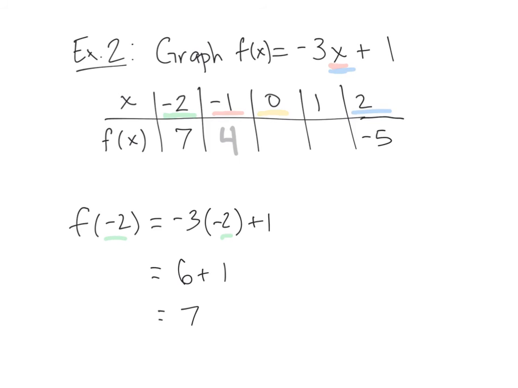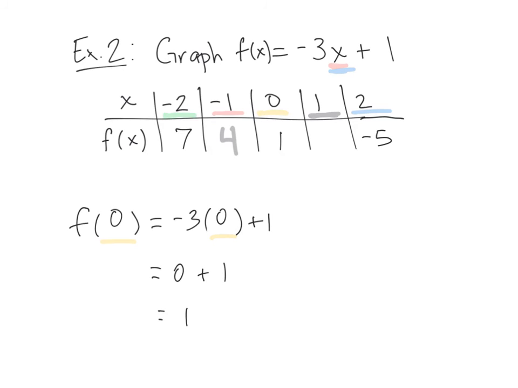The next one I want you to try is x equals 0. So try with x equals 0 and enter your answer when you're ready. All right, so taking a look at that one, we have x value of 0. So -3 times 0 makes 0, plus 1 makes 1. So my output value when x equals 0 is going to be +1.